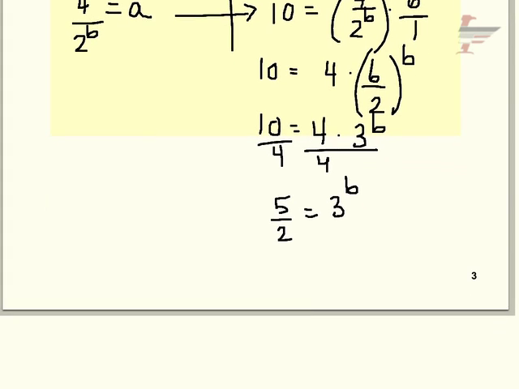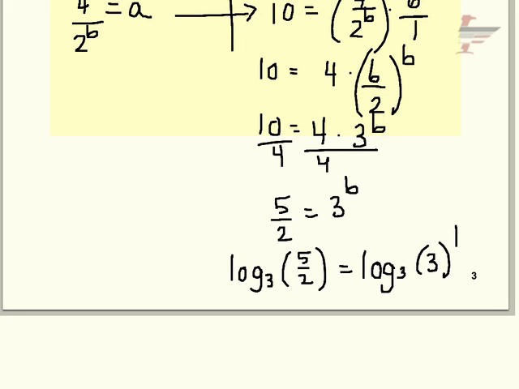So I'm going to log both sides, and what base would be good? Well, of course, if the base of my exponent is 3, I want to make the base of my log also 3, and see if you can remind yourself why we want to do that. If the base of my exponent is 3 and the base of my log is 3, what happens? Well, those cancel out, and I just have b.